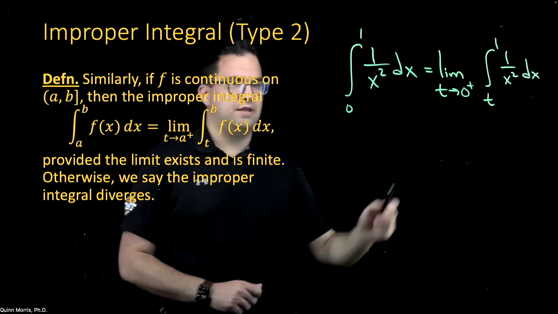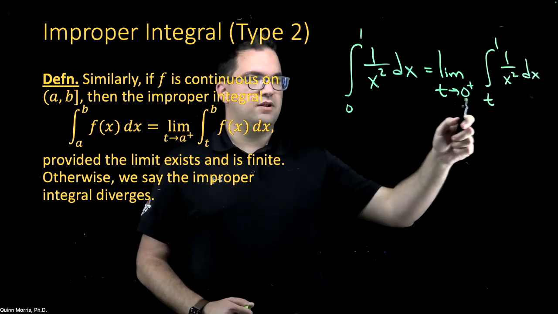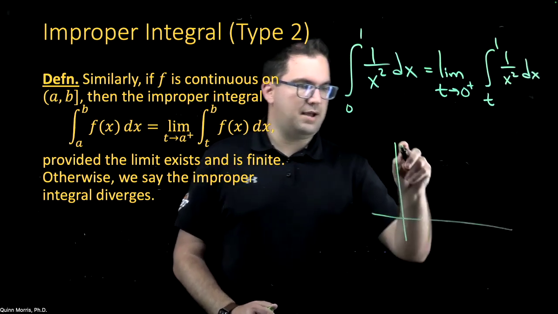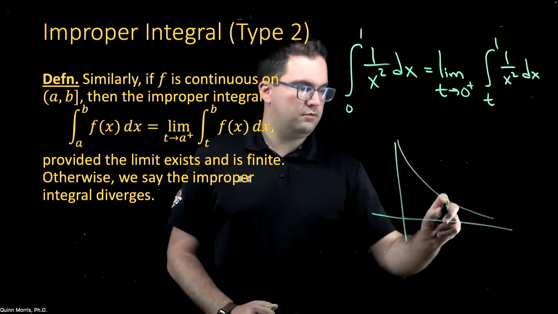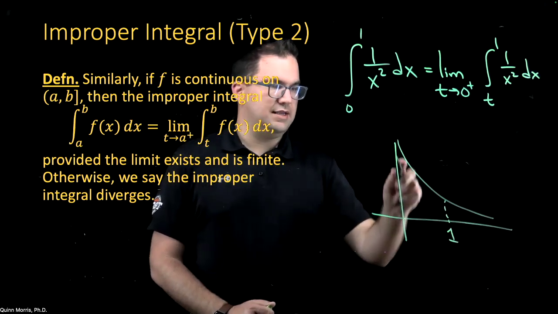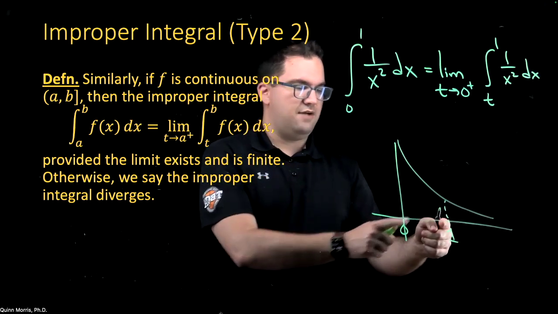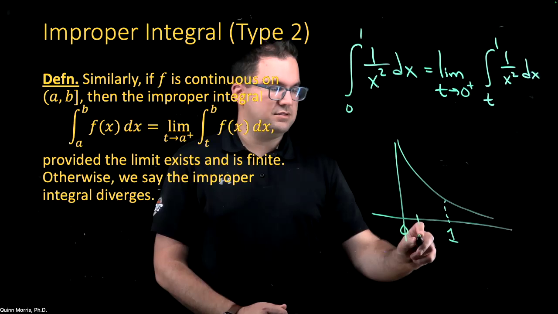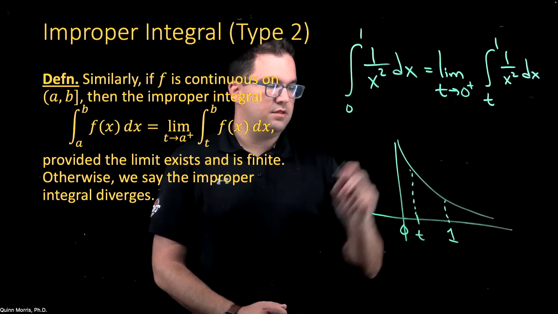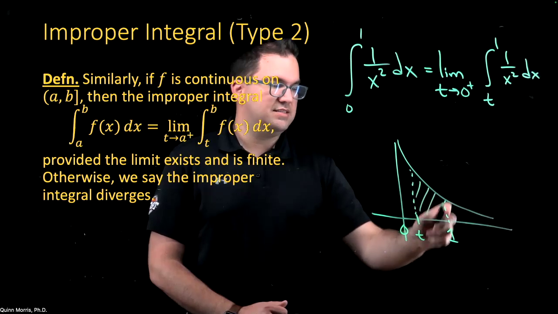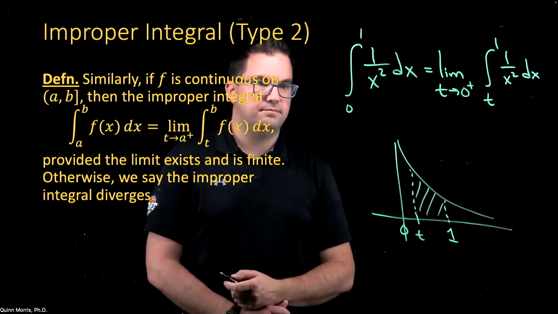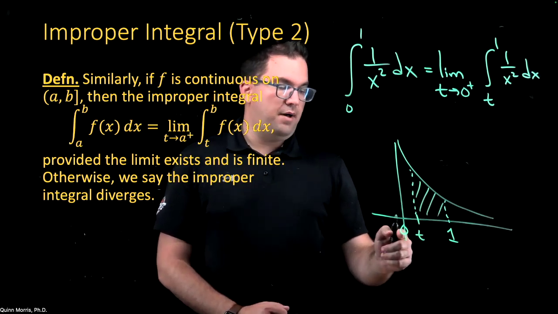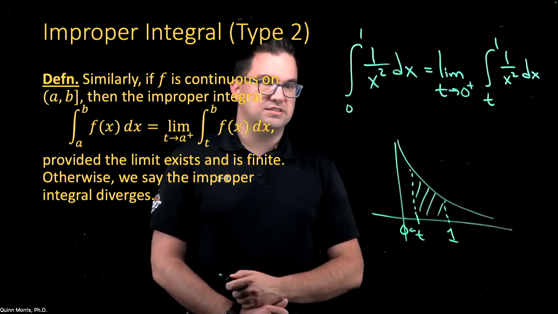Now, a couple of things I want to point out here. Since this is the lower limit of integration, I'm taking a limit from above. The reason is, if you think back to that picture we were looking at before, I know my function is continuous everywhere between 0 and 1. It's just not continuous at 0. So for any value of t that I choose between 0 and 1, this definite integral will be well defined. So I want to choose t values that are above 0, but coming back down to 0.